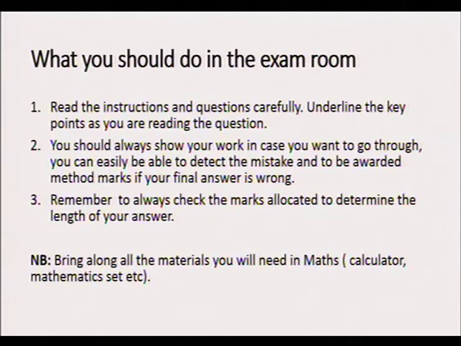If your final answer happens to be wrong, you can get a mark from your working. Remember to always check the marks allocated to determine the length of your answer. All right, and bring along all the materials you will need in mathematics, your calculator, your mathematics set, and so on. You should remember that.